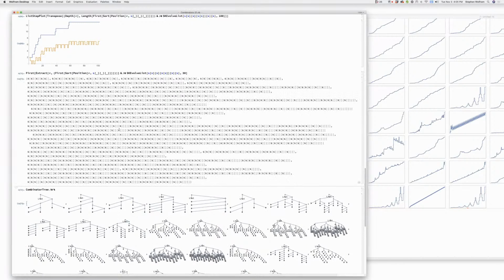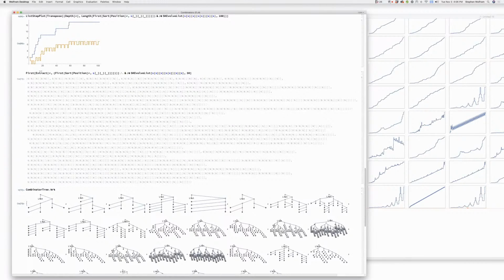So let's try for each of these, let's say first of extract of that. Okay, so now for each of those, let's say slash dot s of x of y of z arrow x, y, z.